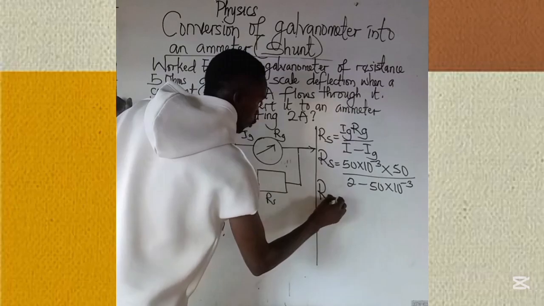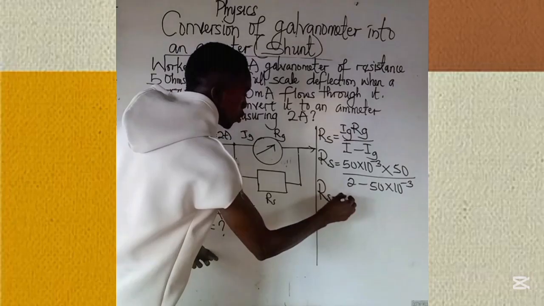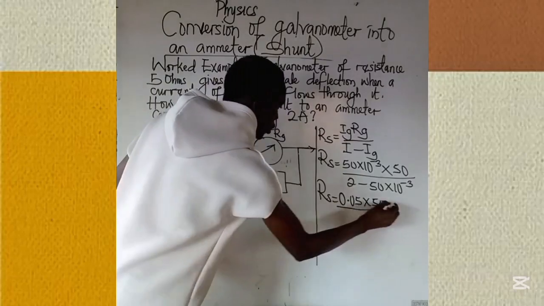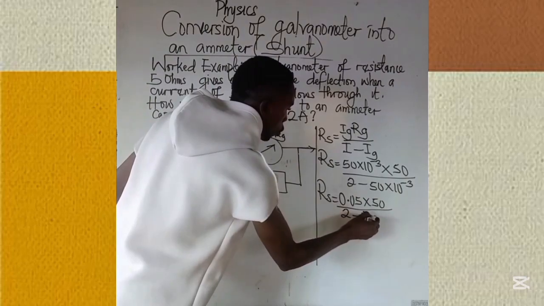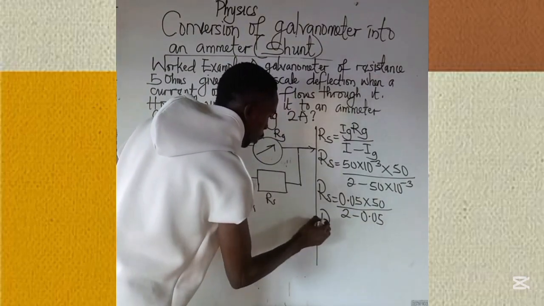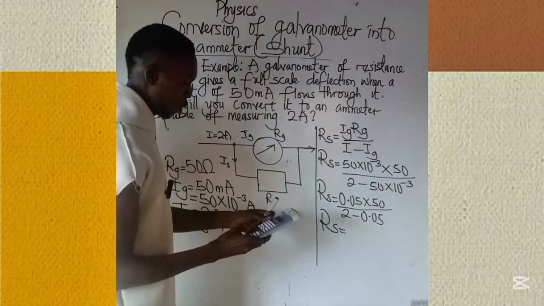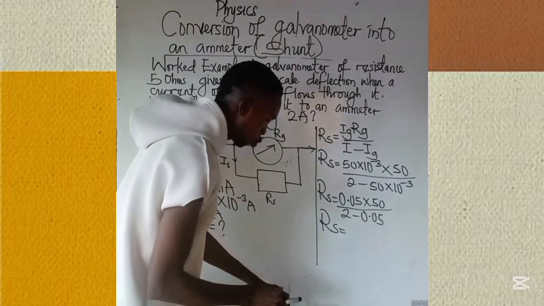All right, so if you punch your calculator, 50 times 10 raised to power minus 3 is what? 0.05. I'll multiply it by 50, divided by 2 minus 50 times 10 raised to power minus 3, which is 0.05. So we have RS equals, so let's do that together, fast. You have 0.05 multiplied by 50. You get 2.5.